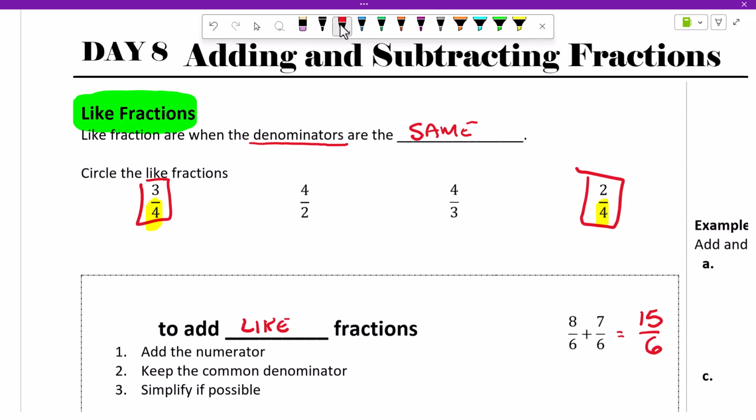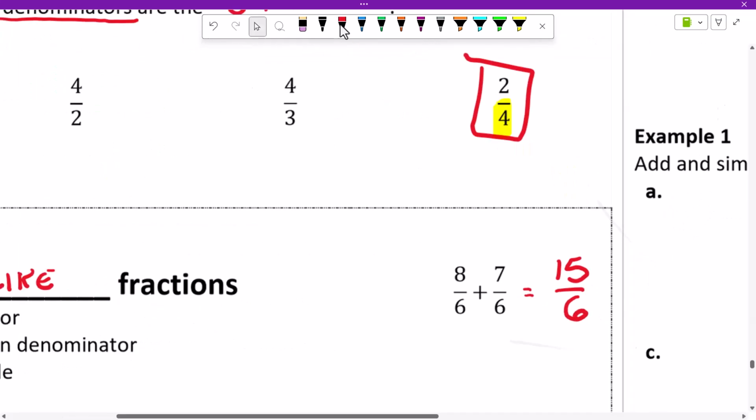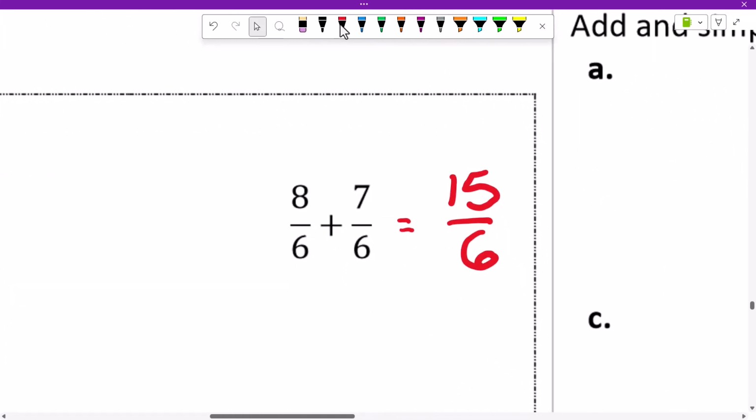The word for making it smaller is simplify, or reduce. Is there a number that can divide both the top and the bottom? Yeah. What number can divide the top and bottom? 3. So at the final stage, here we go.